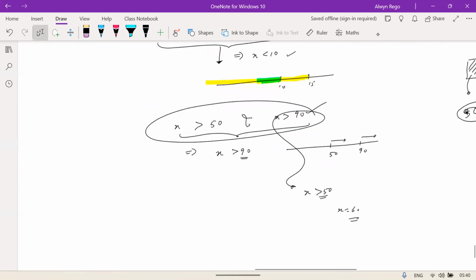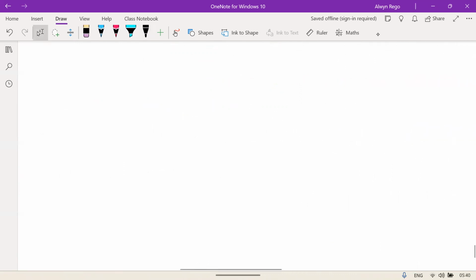And if x is more than 50 and x is more than 90, then x must be more than 90. In practical problems, you'll see the actual use, but it does make sense.